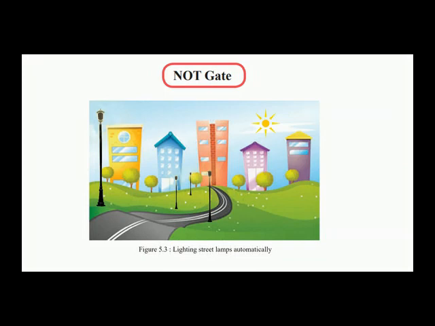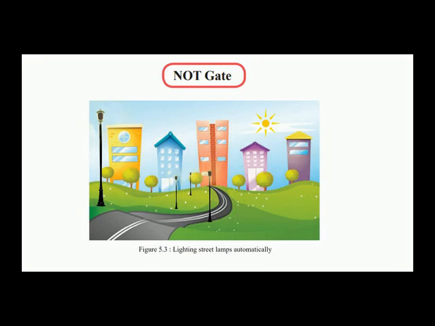So if the signal is there, I mean the sunlight is there, the lights are not switched on. But if the sunlight is not there, the street lamps will switch on.